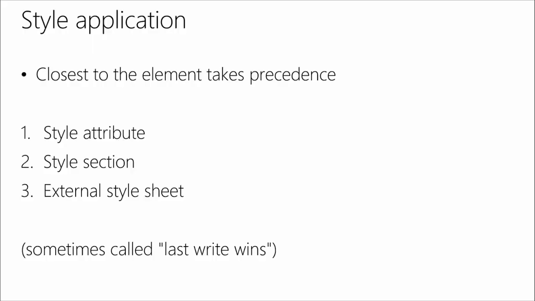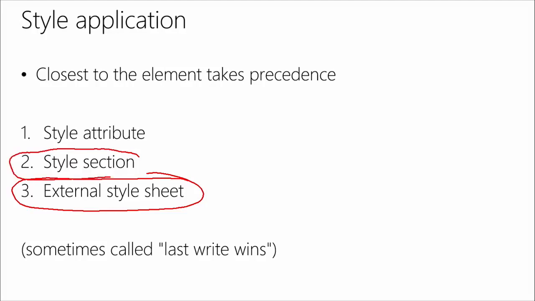So the question then becomes, what about inside of a conflict? Well, step one, last right wins. And everything is going to be applied in order. So the first thing that's actually going to be applied, and it's reverse on my slide because I was trying to show whatever the most powerful was, is the external style sheet.